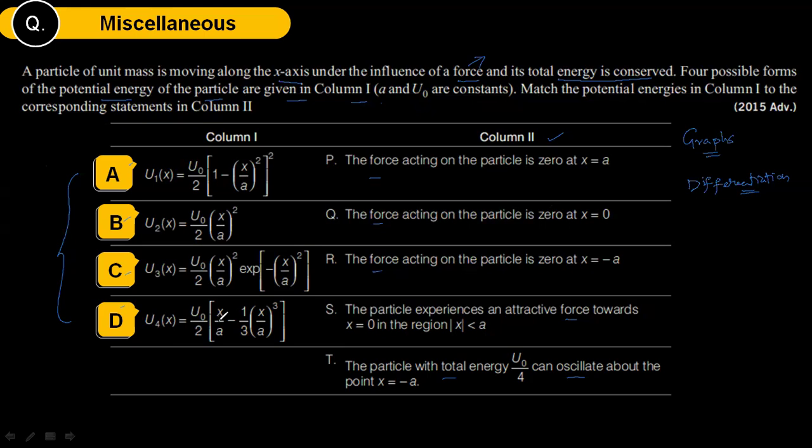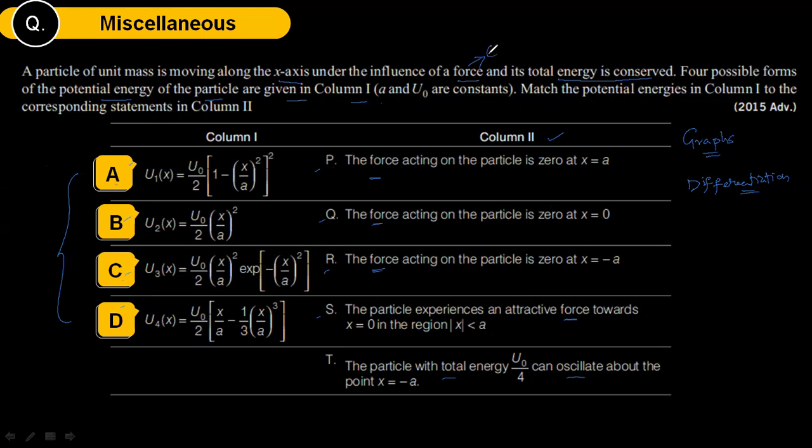So let's start analyzing. Check P, Q, R and S. In all four, there is a question related to force. Therefore, you need to first calculate the force acting on the particle in all four different situations.